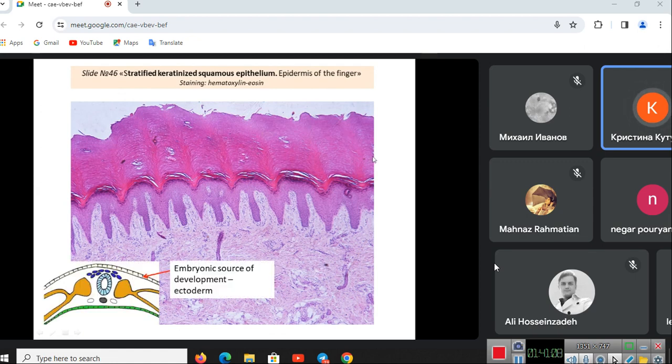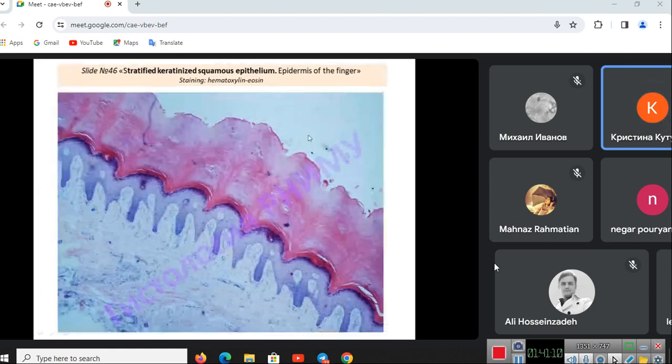Embryonic source of development is ectoderm. Another picture. The same is here: stratum basal, stratum spinosum, stratum granulosum, next stratum lucidum, and stratum corneum.